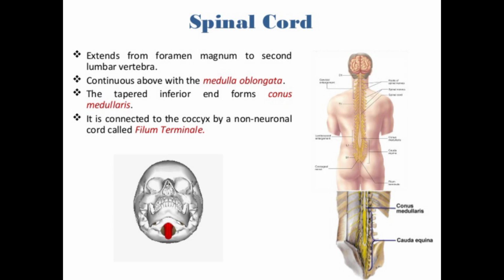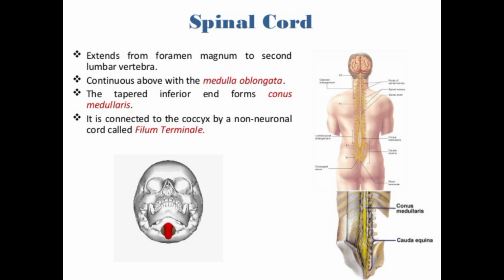the vertebral canal. Then if we look into the extent of the spinal cord, from where to where the spinal cord will extend. The spinal cord extends from foramen magnum to the level of the lower border of the L1 lumbar vertebra. That is the extent of the spinal cord.